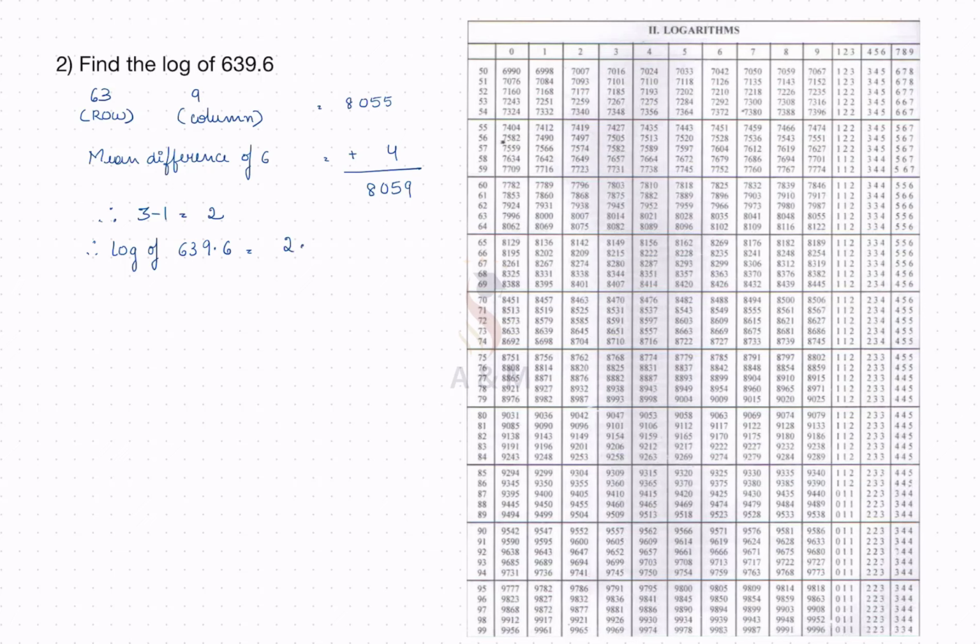That means you keep 2 in the beginning, next you put the decimal point, then write that number 8059. This is a simple method. There is one more method.